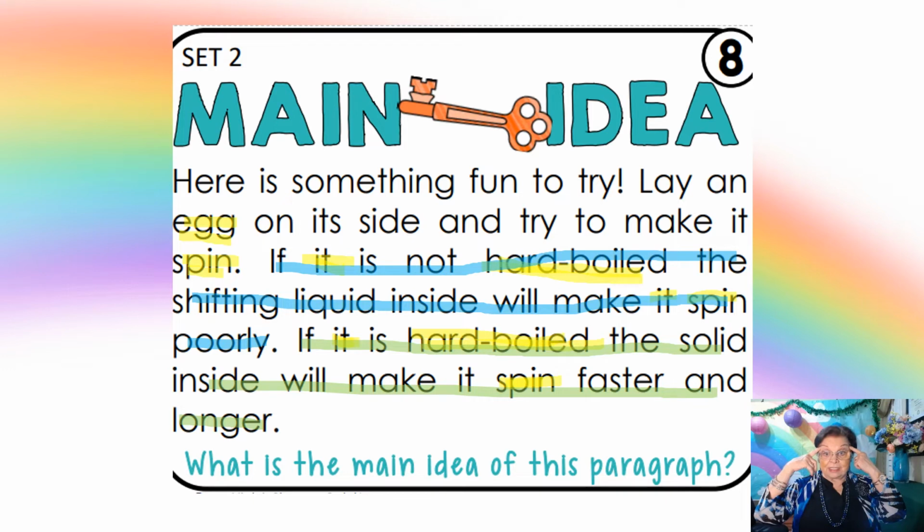Do you see the same words a whole lot, like the word spin? Oh, it must be about an egg spinning. And it says hard-boiled. A hard-boiled egg spins fast. Okay, so sometimes the author does not come out and say it. You have to infer the main idea.